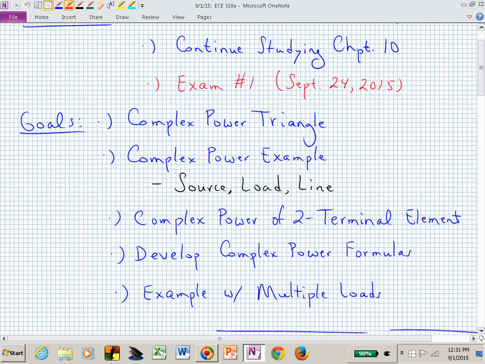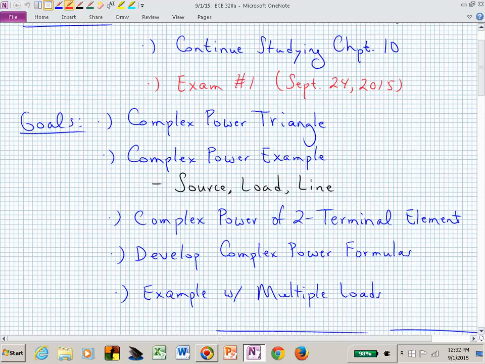We'll start maybe talking about these relative to the line and the load. One of your first homework problems, I think, is dealing with a two-terminal element where they give you time domain expressions for voltage and current. We'll work through one of those. We'll develop some of these complex power formulas for both if you have the current available or if you have the voltage available. And then maybe all you need is either the current or the voltage relative to that device.